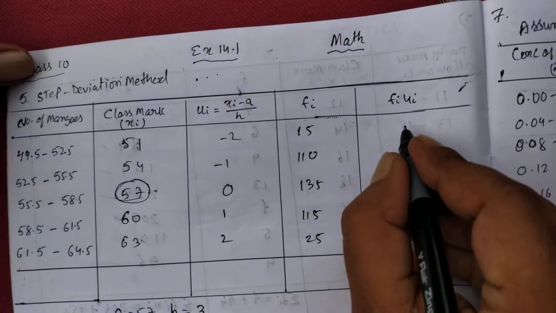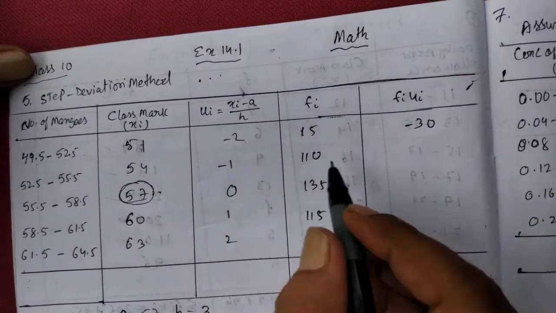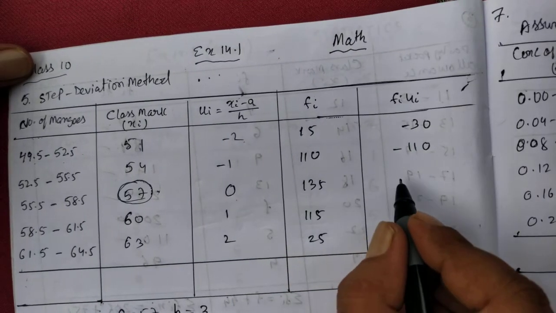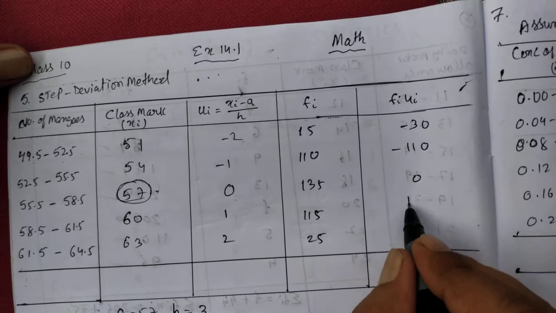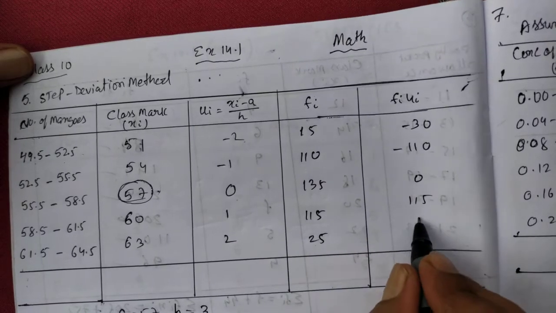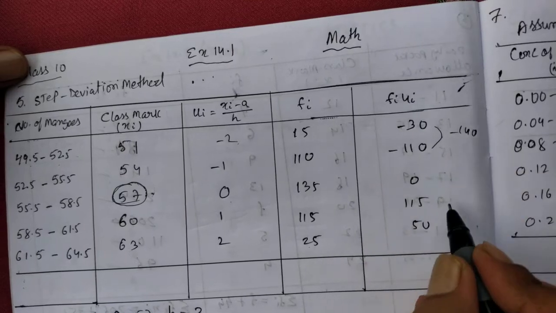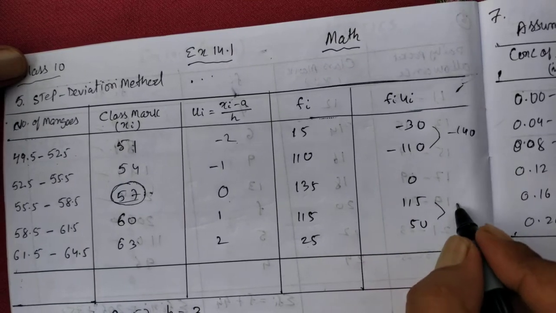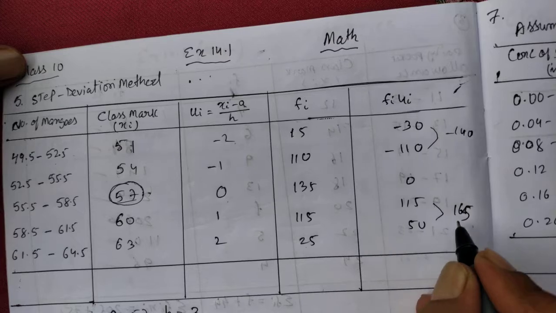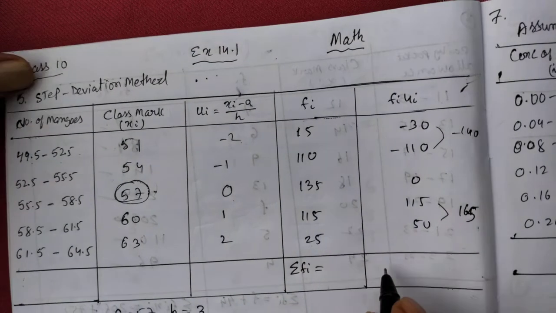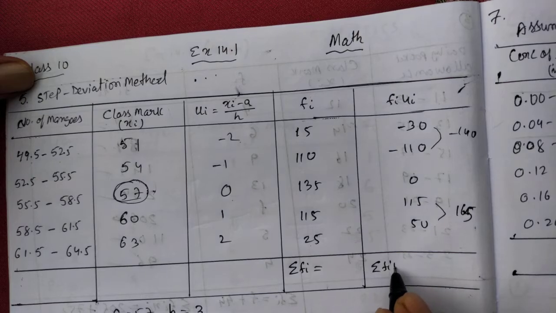2 into 15 is -30. Then -110. 0 into 135 is 0. This is 115 and 50. If you add these two, it is -140. If you add these two, it is 165. Find the total of this and find the total of this.